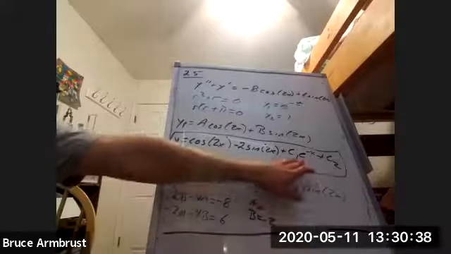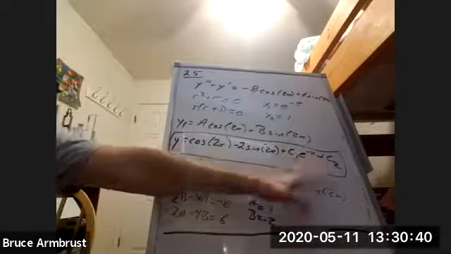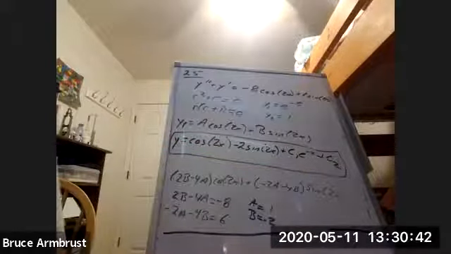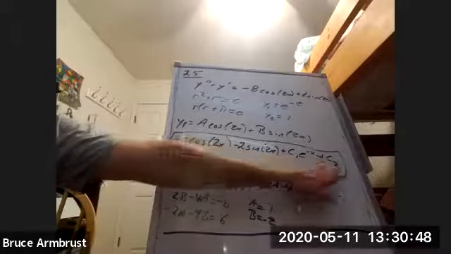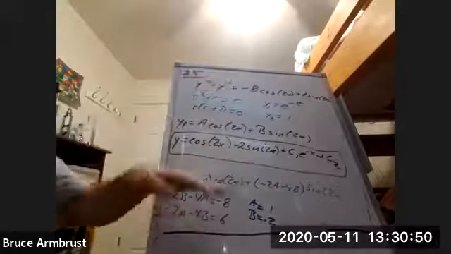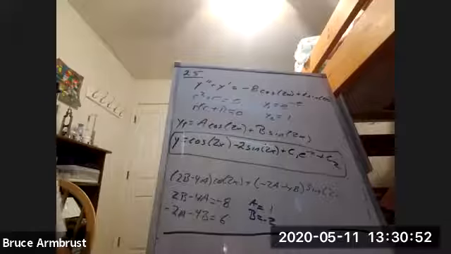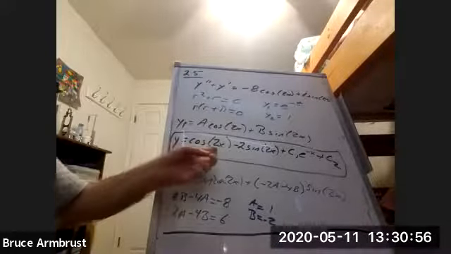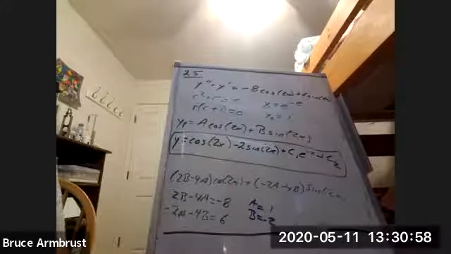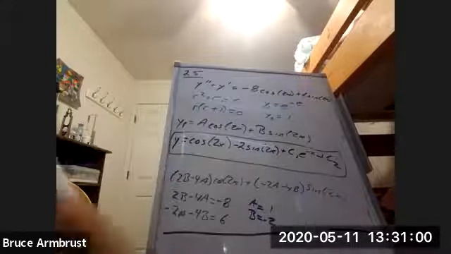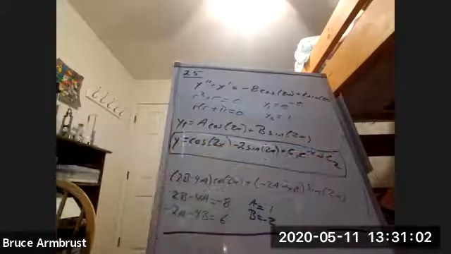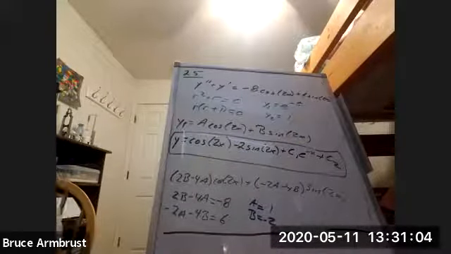The e to the minus x piece is just going to go away, so eventually, whatever that does to it is irrelevant. And then that C2, all that's going to do is shift it up or down. So what this thing is going to look like long term is just whatever cosine of 2x minus 2 sine of 2x looks like, shifted up or down depending upon what the C2 is.